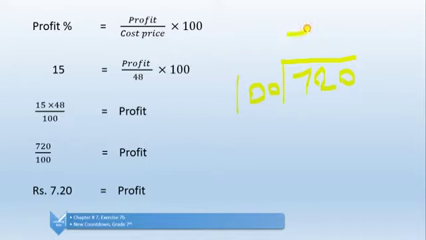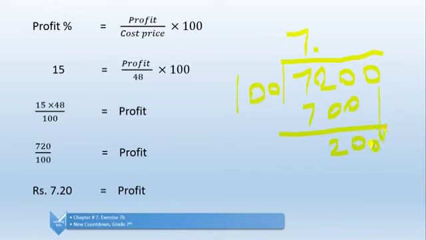7 times 100 equals 700. 2 minus 0 equals 2. 20 is smaller than 100, so we will put the point over here and then put 0 over here and take this 0 over here.